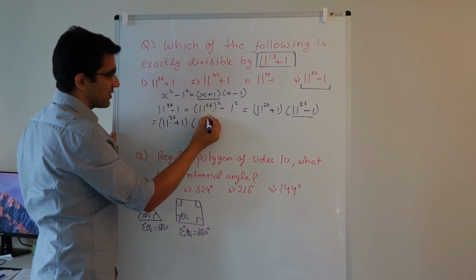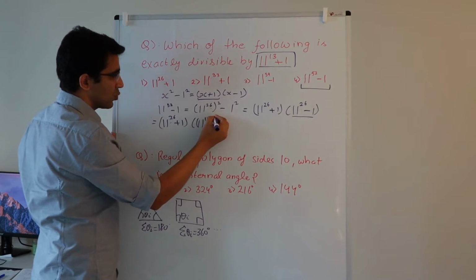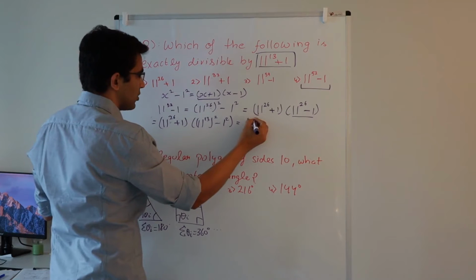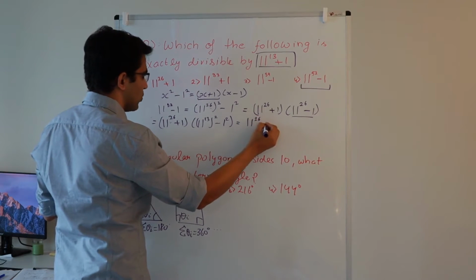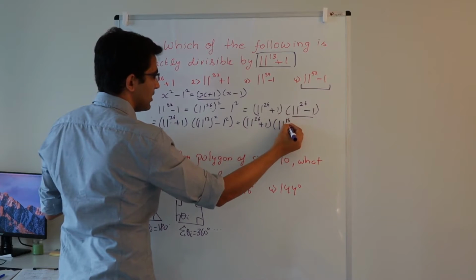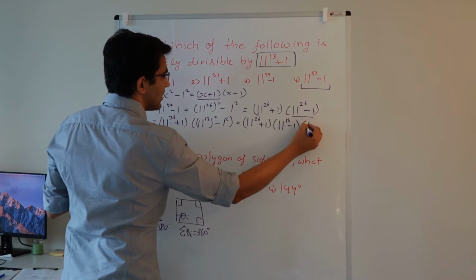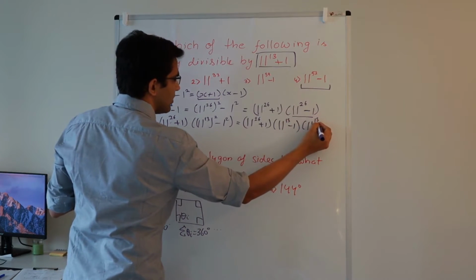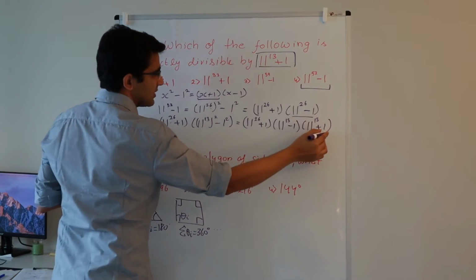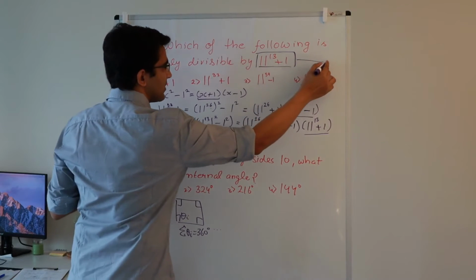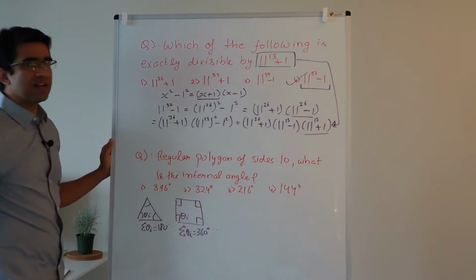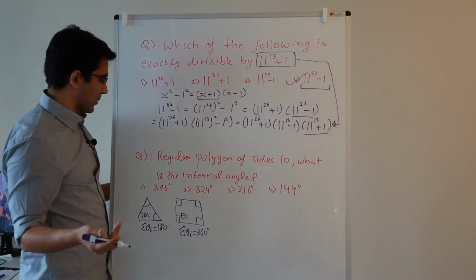Again I can write it as 13 squared minus 1 squared, which will be 11 to the power 26 plus 1, then 11 to the power of 13 minus 1 and 11 to the power of 13 plus 1, and you can see that I already see this factor in here. So this will be your correct answer, 11 to the power 52 plus 1.